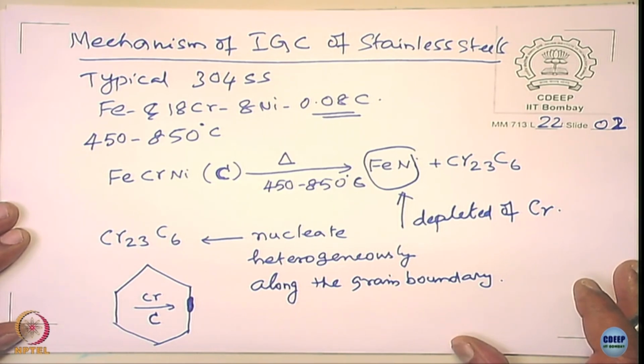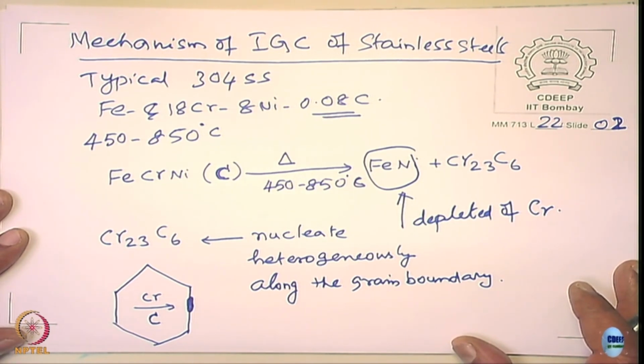If you look at the diffusivity of chromium and carbon, will they be similar or different? Yeah, different. So which will have a faster diffusivity? The carbon, because of the smaller size.